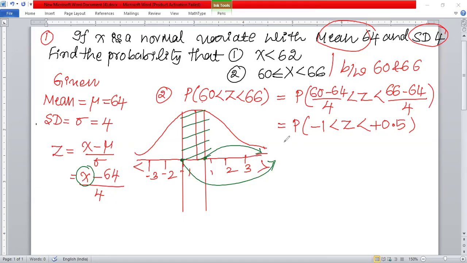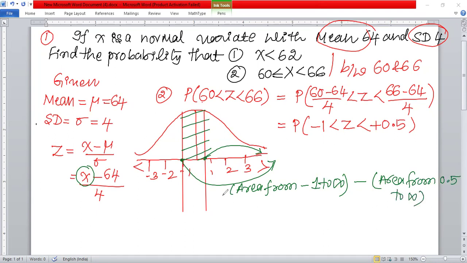Now, the area from -1 to infinity minus the area from 0.5 to infinity.